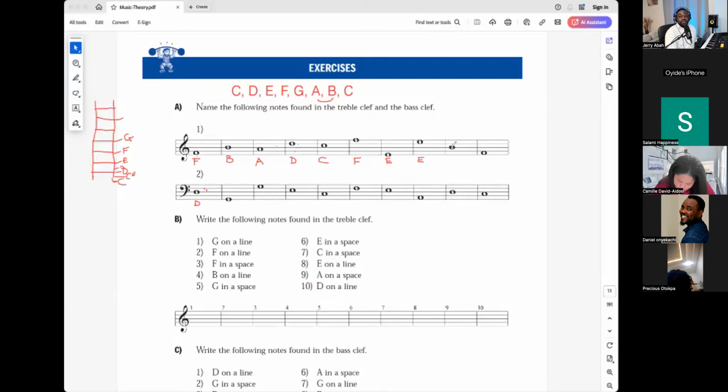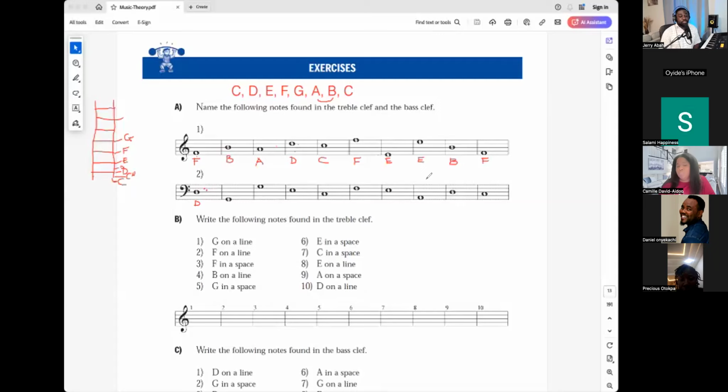And then we have a repeated note here. Third line. So third line is a B. And then we have another repeated note here. An F. Awesome.